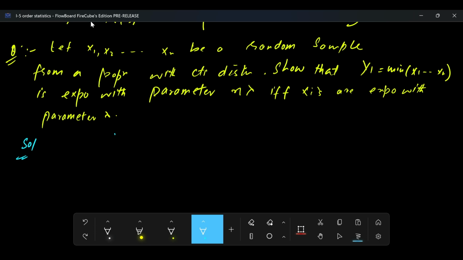So when x follows exponential lambda, then the first order statistic will follow exponential n lambda. So this is the property, and we have to prove it. This question is most important from your exam point of view, so let's see it carefully.